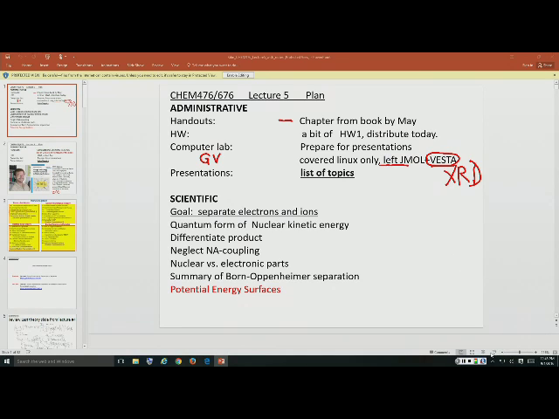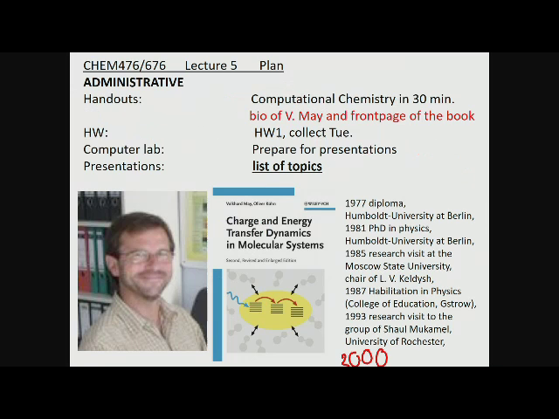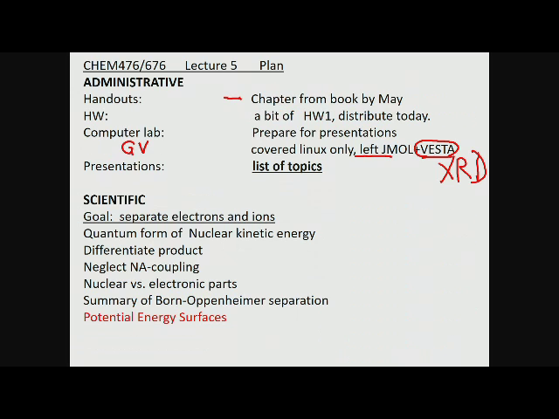The author of this book is Volkert May. And I'm aware of his book and his works because he was in my degree committee. So, and here's his biography. So we've got the homeworks, we got the biography of Born and Oppenheimer.